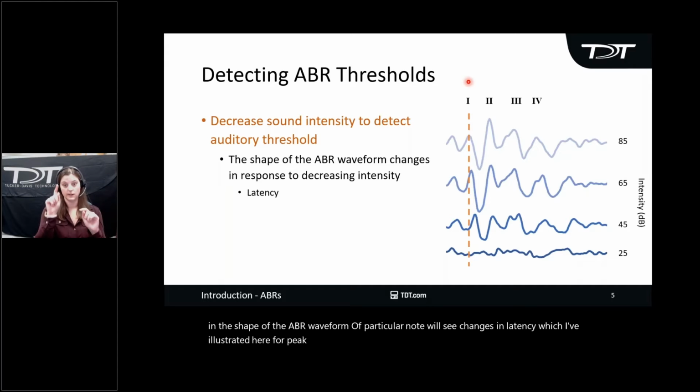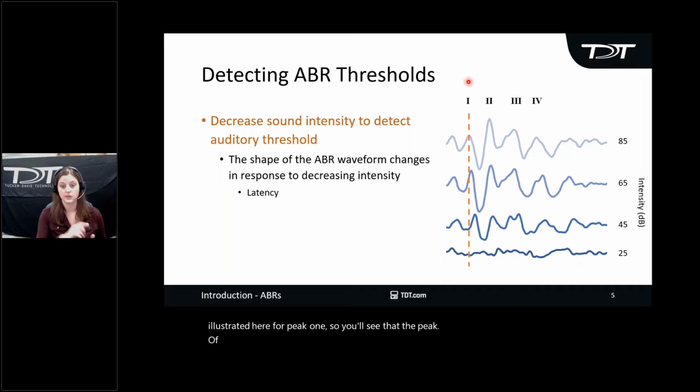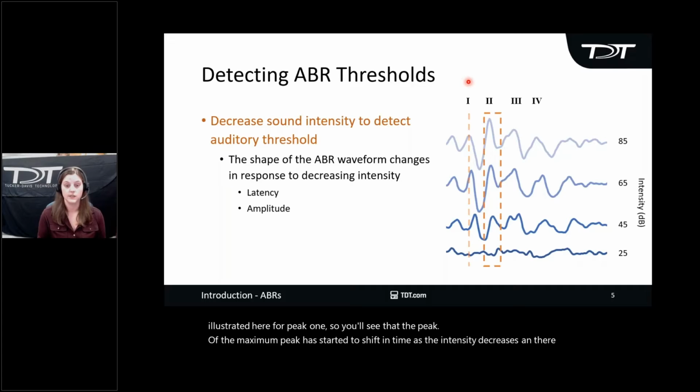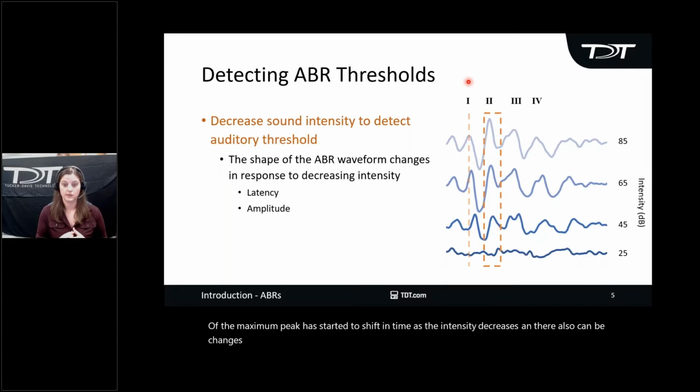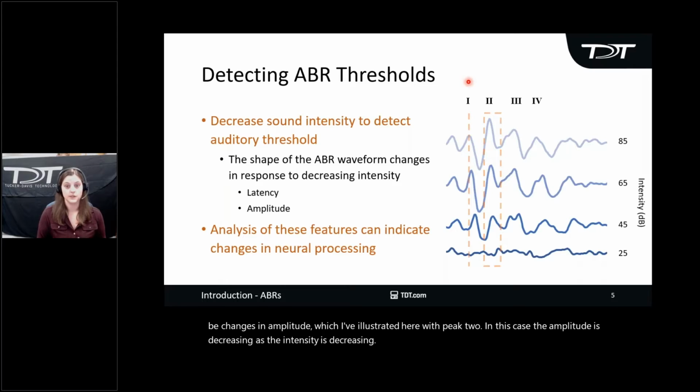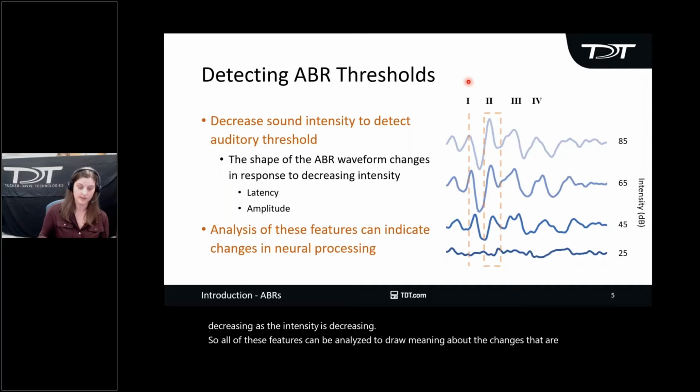You'll see that the maximum peak has started to shift in time as the intensity decreases. There can also be changes in amplitude, which I've illustrated here with peak 2. In this case, the amplitude is decreasing as the intensity is decreasing. So all of these features can be analyzed to draw meaning about the changes that are occurring in neural processing.